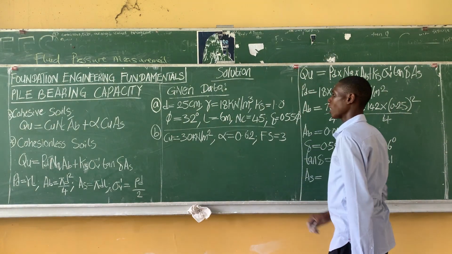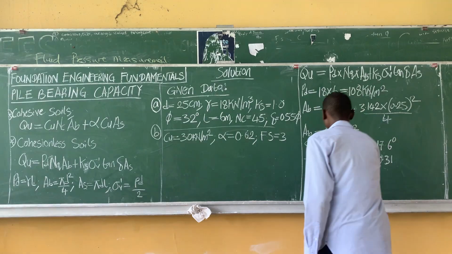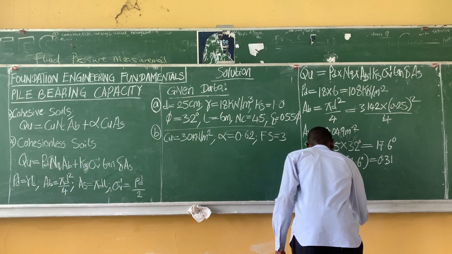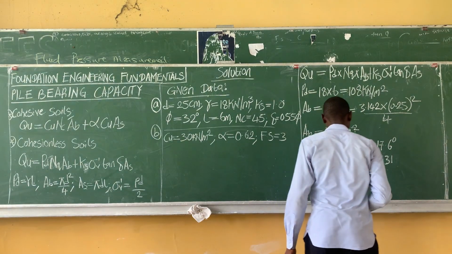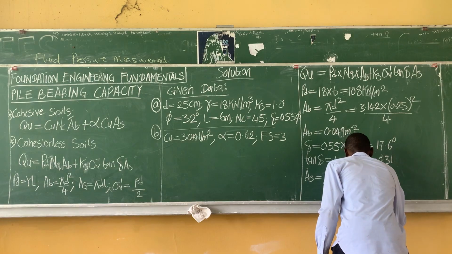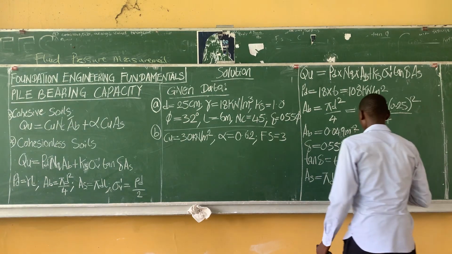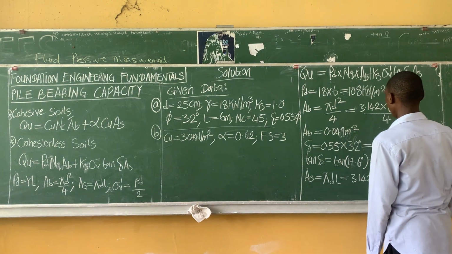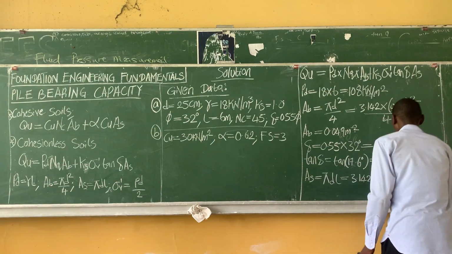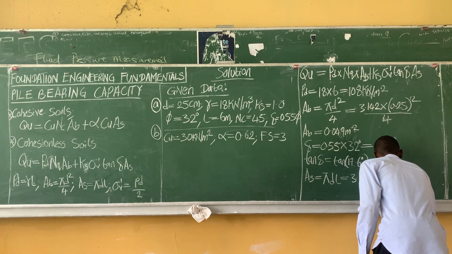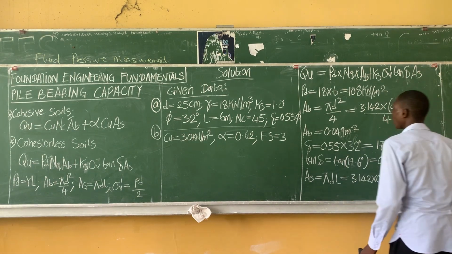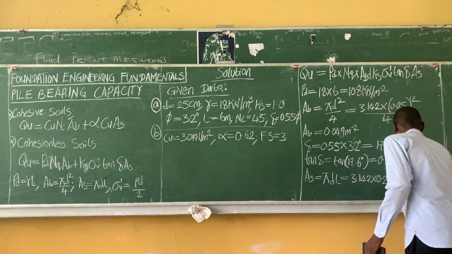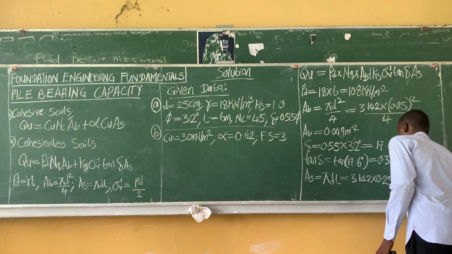Let's get our As, which is pi times d times L. That is 3.142 times the diameter converted from centimeters to meters, 0.25, times our length, 6 meters.